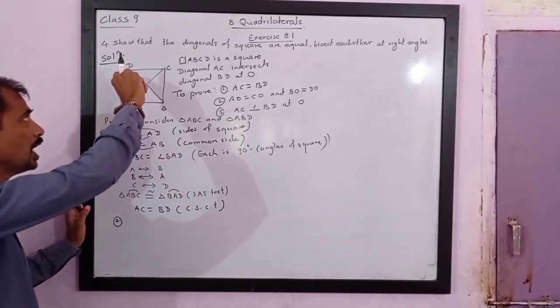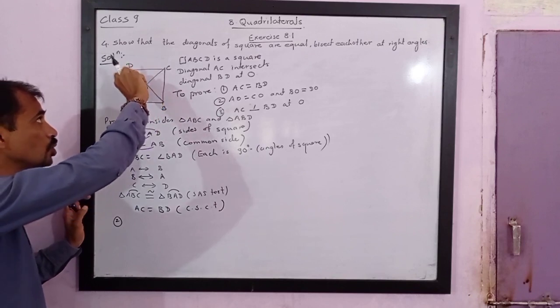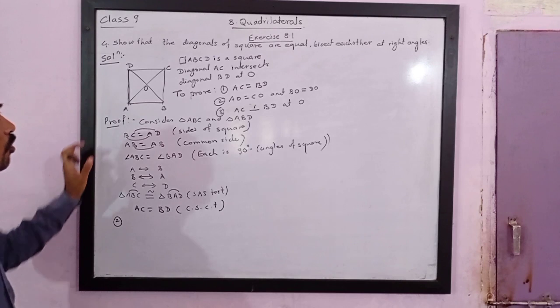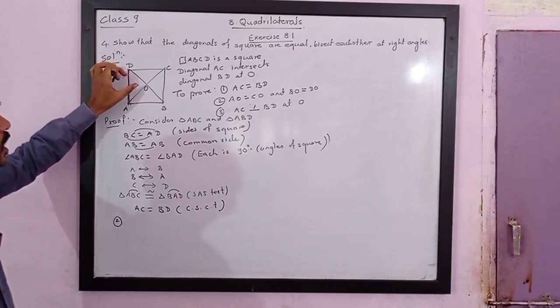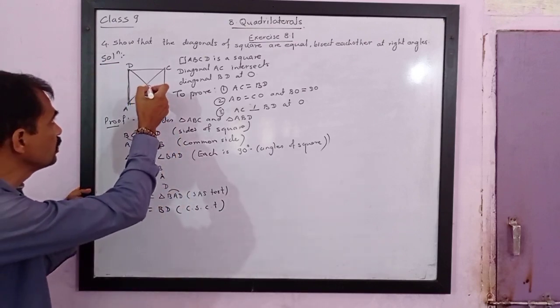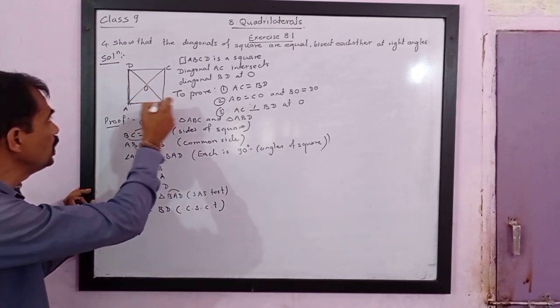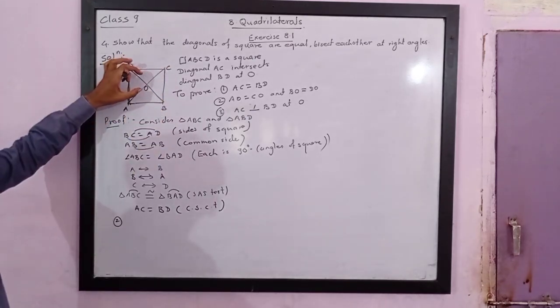Now the second part. We have to prove that AO equals CO and BO equals DO. For this, we are going to consider triangles AOB and COD. So watch carefully.